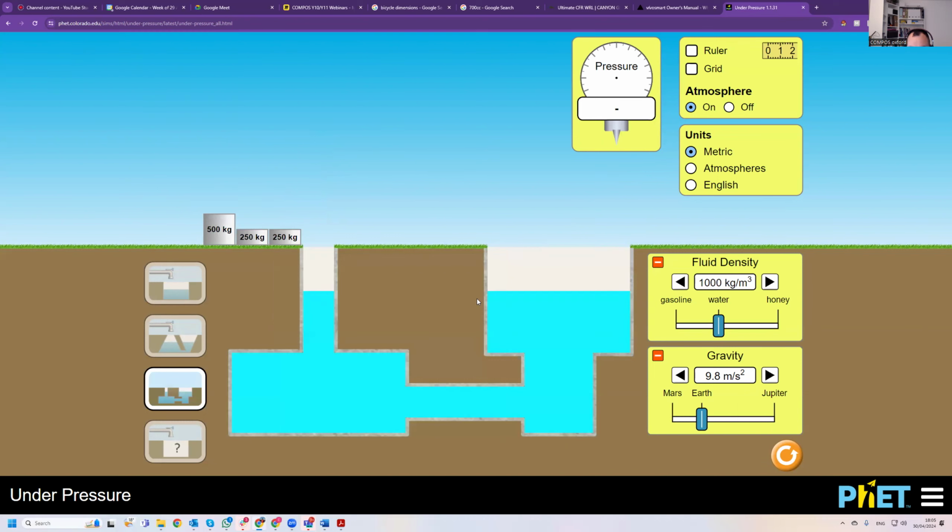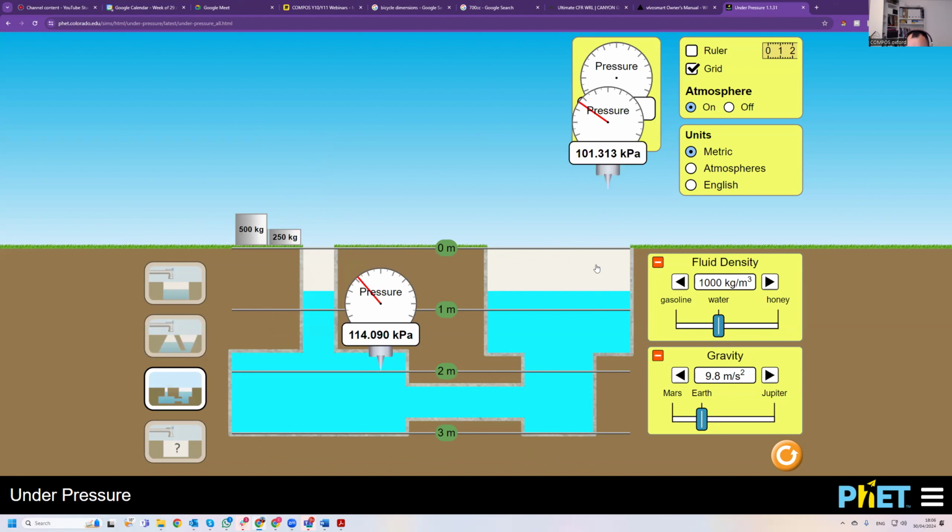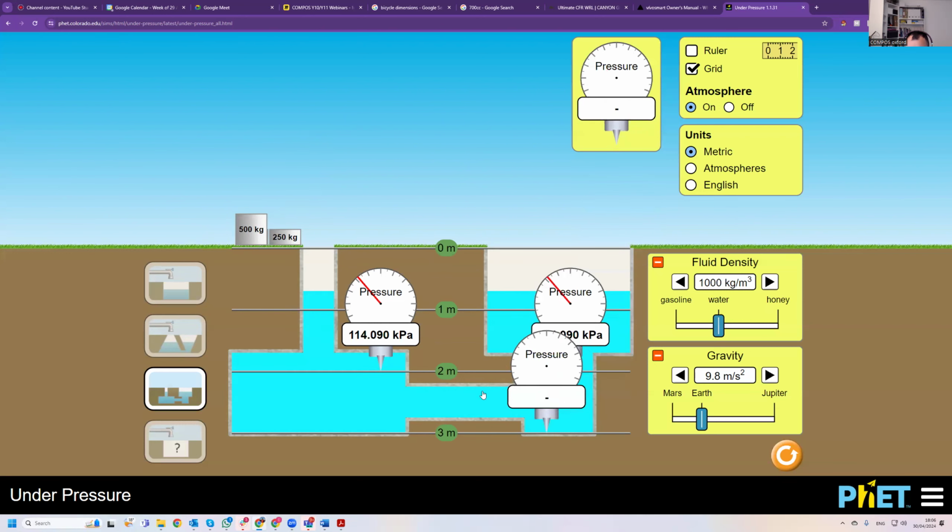So if we take a grid and we put a pressure meter here, and we put a pressure meter here, at the same depth the pressure is the same. At a different depth, the pressure is higher. But at the same level, the pressure is always the same.